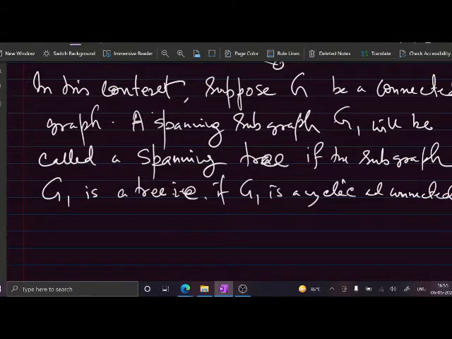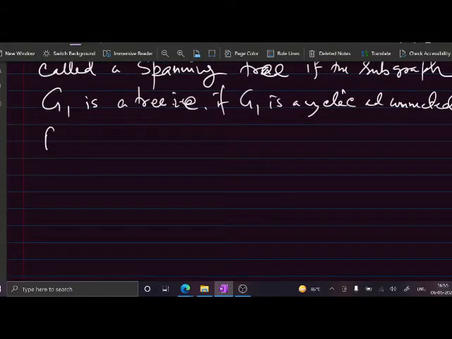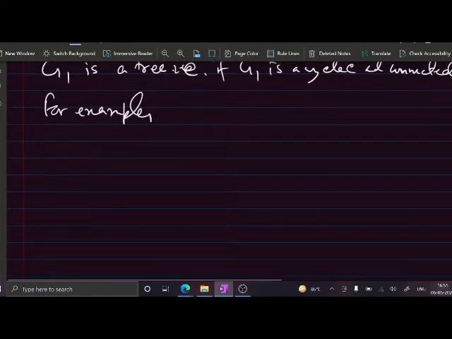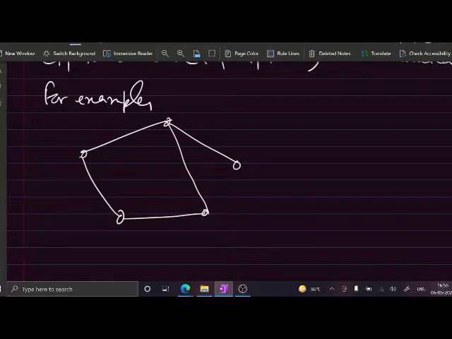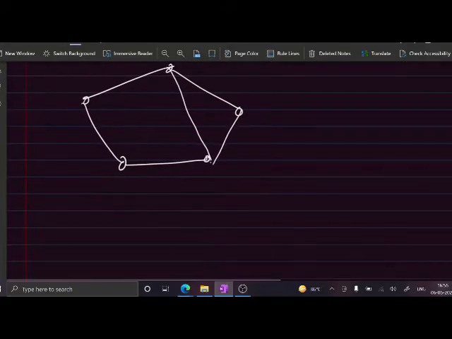That means, for example, suppose we consider a graph, this one.